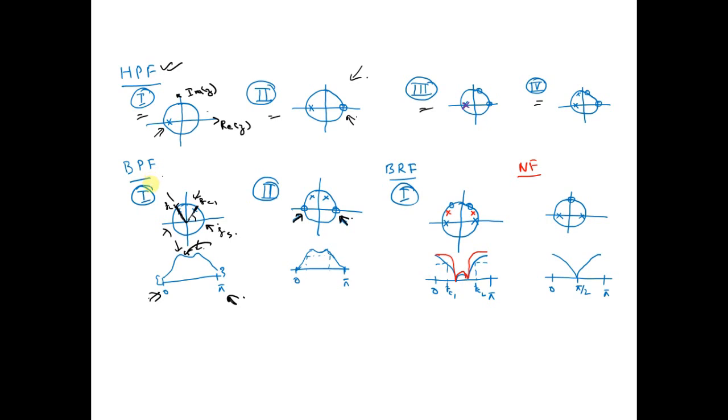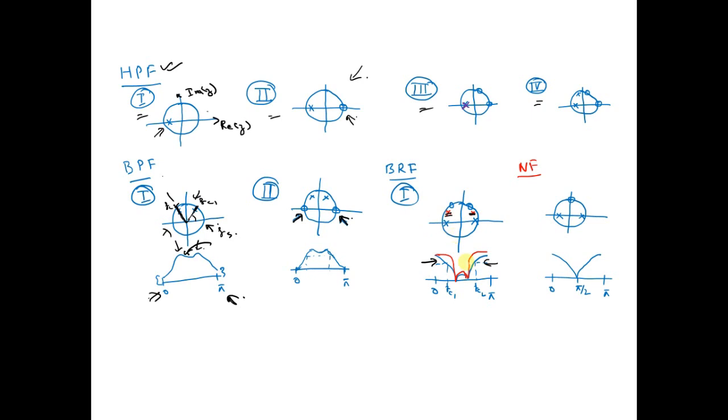Then for the band reject filter, if you negate these red poles, then what happens? You will be getting these blue spectral components. It will come like this, it will come like this, and it will again go up.